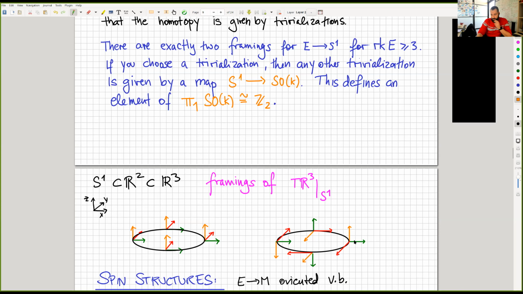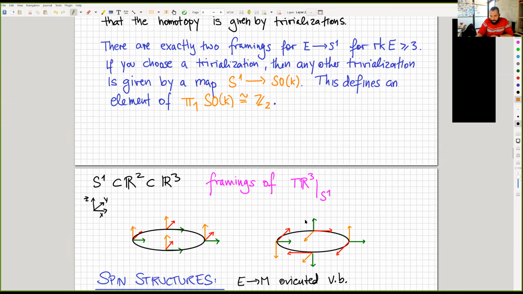It's also a framing. And what you do is the following. You rotate these two vectors in the plane orthogonal to the tangent space of your circle, right? If you go around the circle, the normal space of this circle is a plane, and you let them rotate in this plane as you go around. And you see, if you go round, round, round, this will fall down, and this point will show here. And then if you rotate it further, it will go down here, and then up here again.